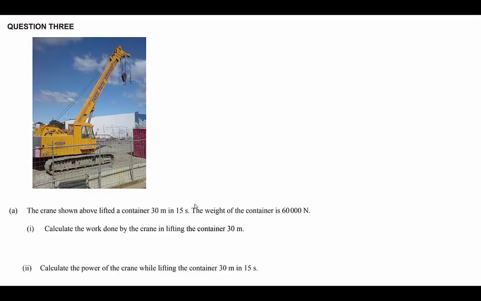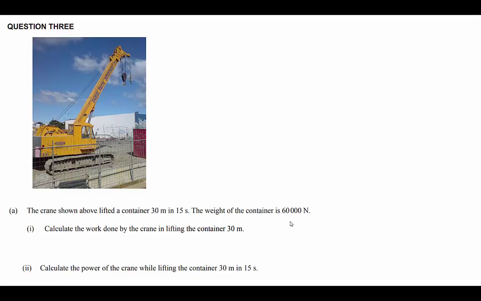You've effectively got two equations that you might use here. Work done equals force times distance, and potential energy or gravitational potential energy equals mass times gravitational field strength times height. The fact that the weight is already done for us means that we don't need to work out mg.